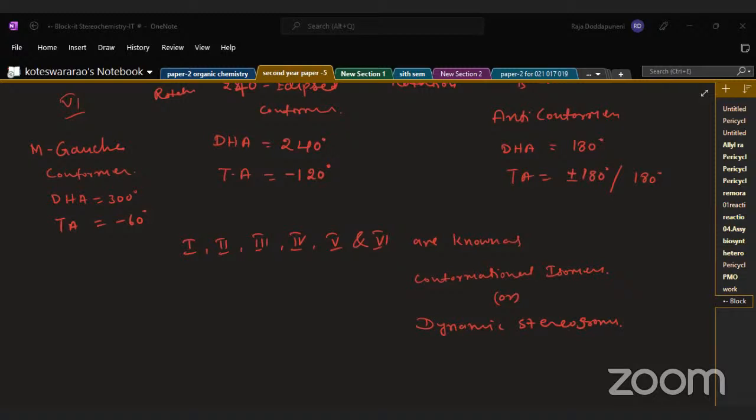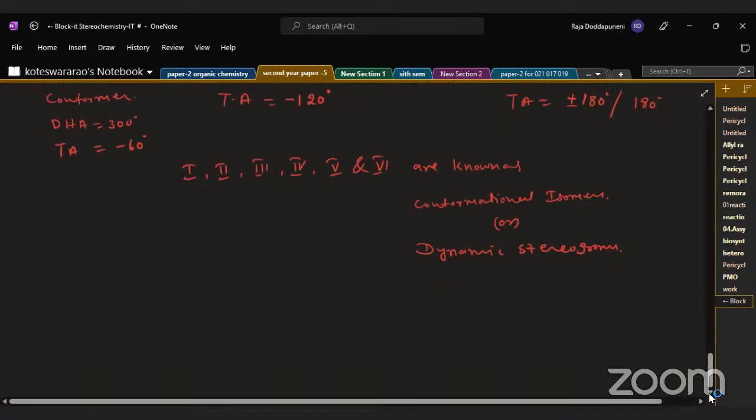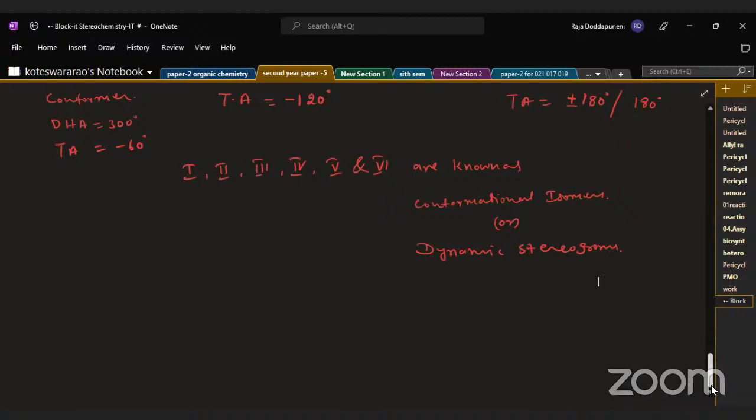Okay. Now coming to some terminologies. That is the Klyne-Prelog terminology for giving the designations of conformations based on the torsional angle.